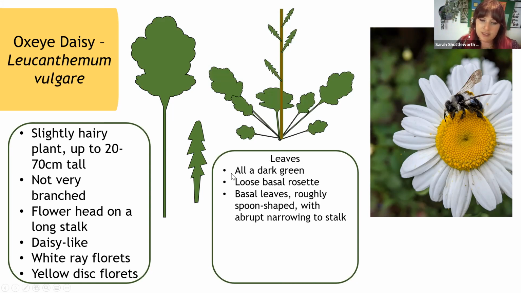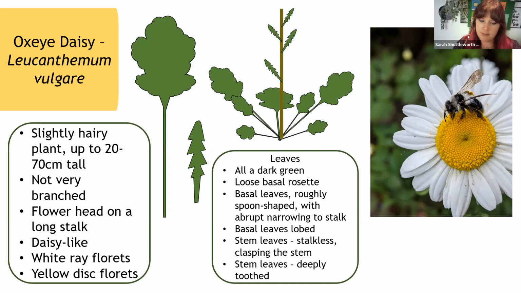The basal leaves themselves are roughly spoon shaped with an abrupt narrowing to the stalk, and they are sometimes lobed as well, either heavily toothed or lobed. Whereas the stem leaves are stalkless and usually clasping the stem, and they are deeply toothed, more akin to a dandelion leaf generally.